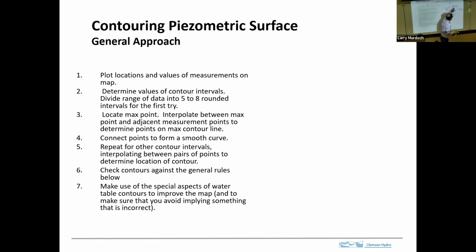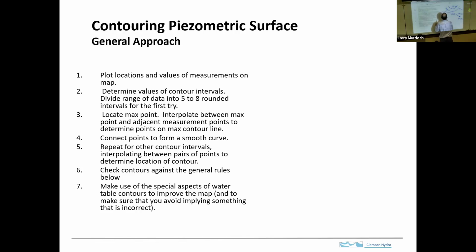So we're just interpolating between these points and determining the locations where the contour is going to come through. Then we can draw it in. Here, and 60 would be like this. And 40, let's see, we've got 50 here, 30. So 40 is going to come between 50 and 30. And then there's a 38 over here.